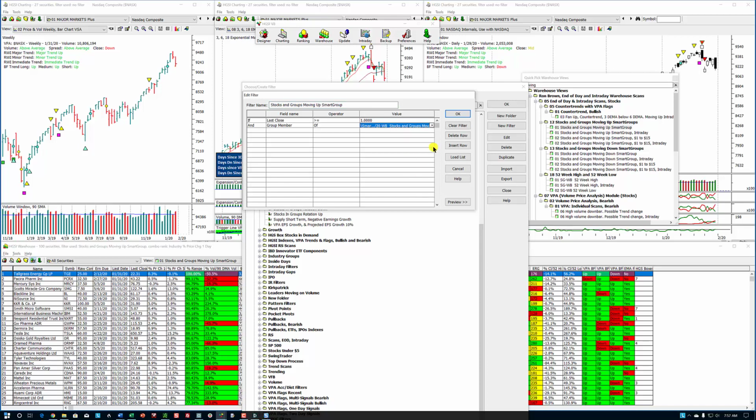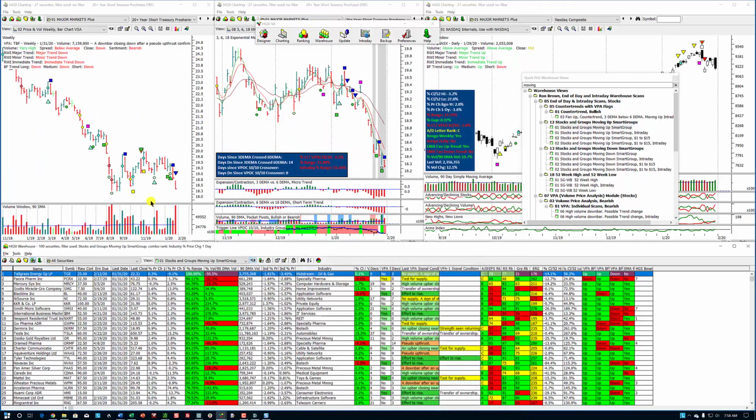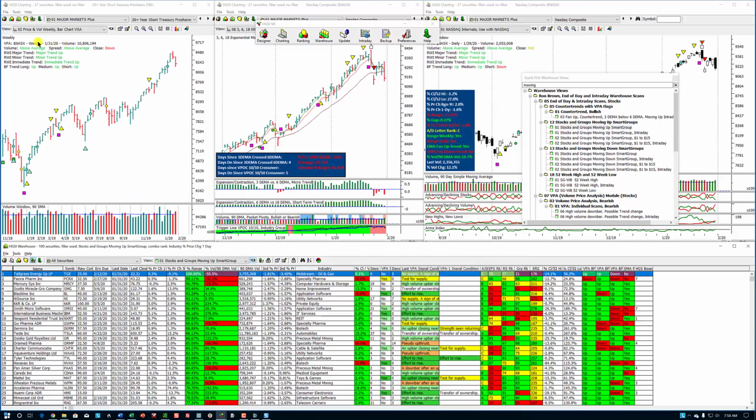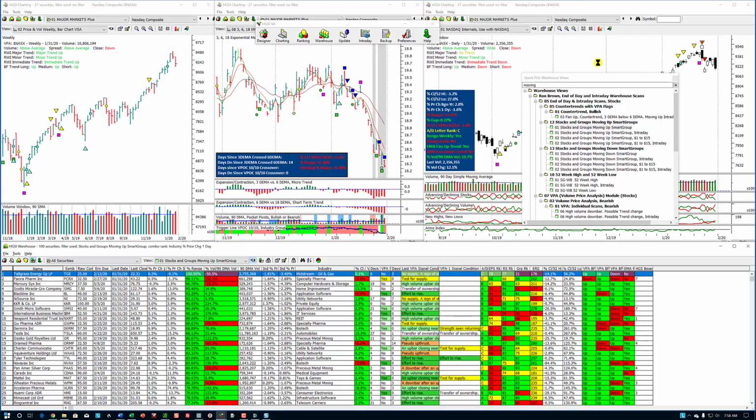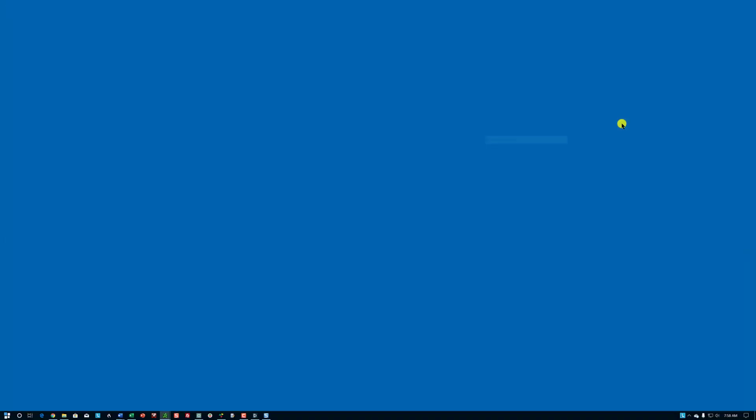Now, a friend of mine was getting one or two stocks with this scan, and I knew immediately what was wrong with it: managing the smart groups had not been set up in his program, so he was not getting any of this information. So it's crucial that before you start, if you're a newbie or if you're somebody who's been using the program for a while like he has, you go in and make those changes.